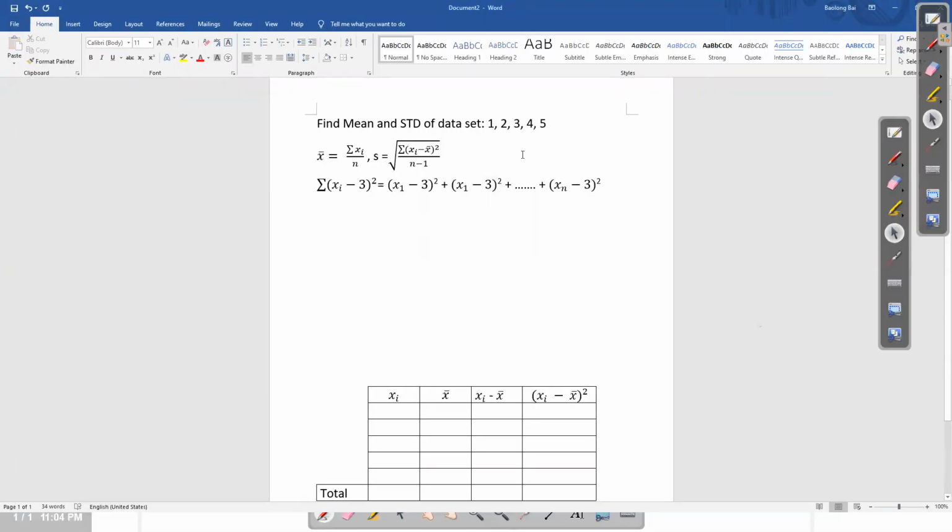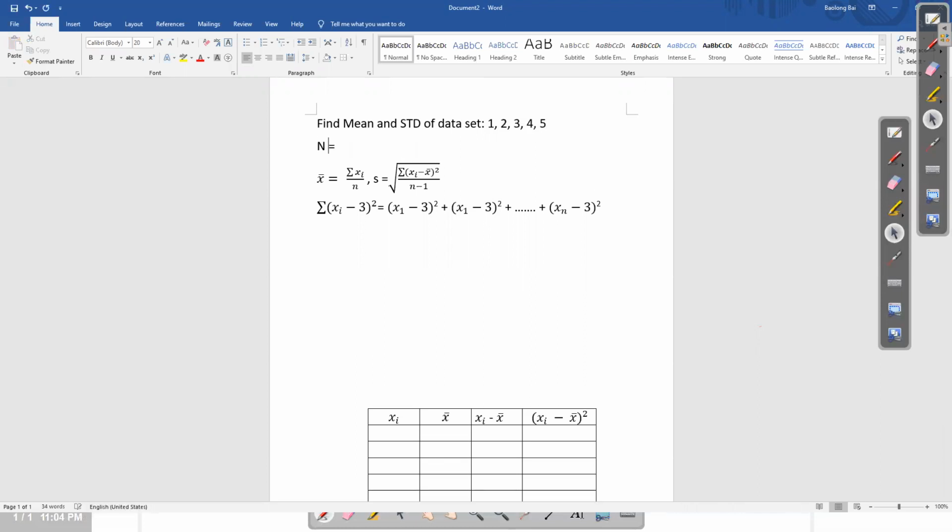For example, if you have a small data set with 5 numbers, and the values are 1, 2, 3, 4, and 5, right? So sample size n equals 5. If you want to calculate standard deviation, you notice the standard deviation formula is right here.